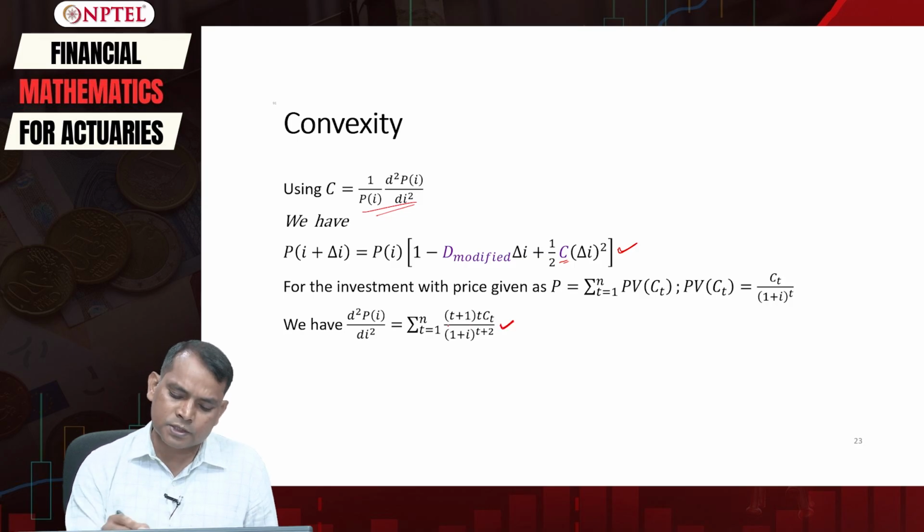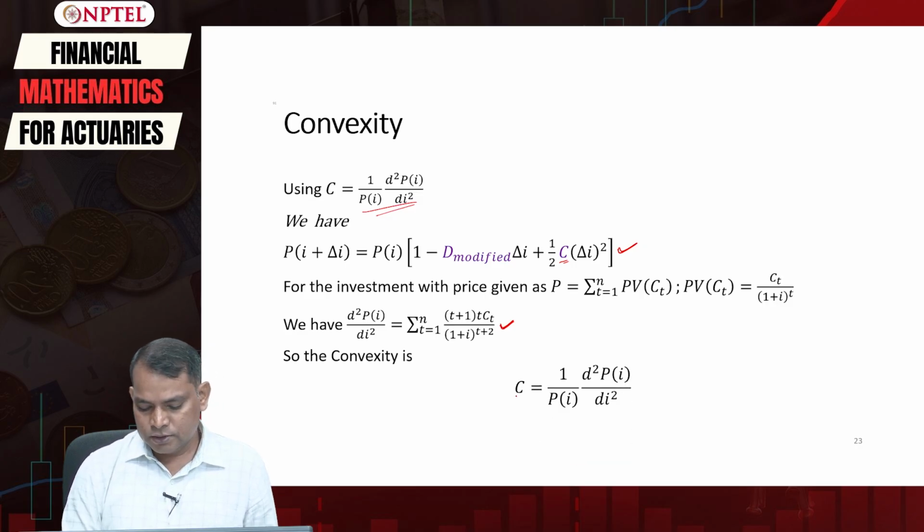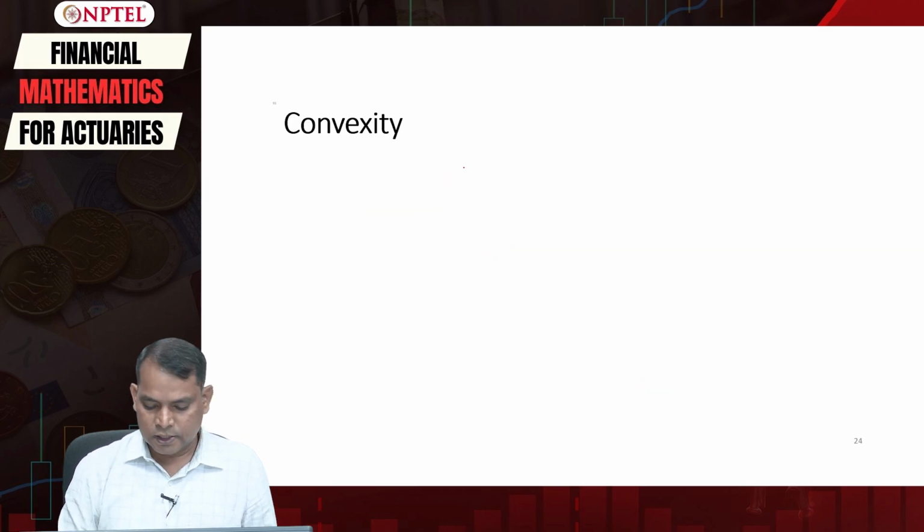Now, using this in our equation here, the convexity can be defined as C is equal to 1 upon Pi d2 Pi upon di square, the same thing we have rewritten again.